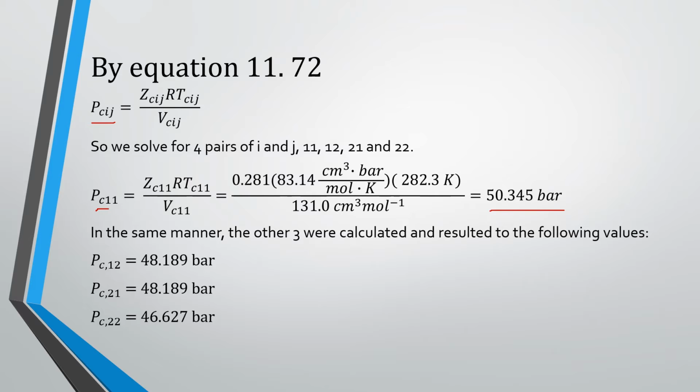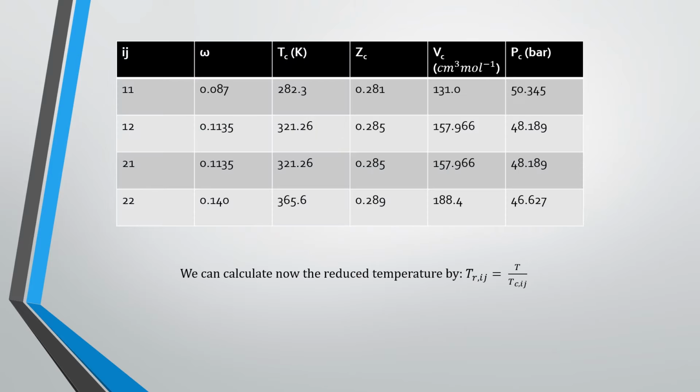In the same manner, the other three critical pressures for each ij pair are calculated. Here are the values. Here we can see a table of the calculated values for each characteristic property for each ij pair.